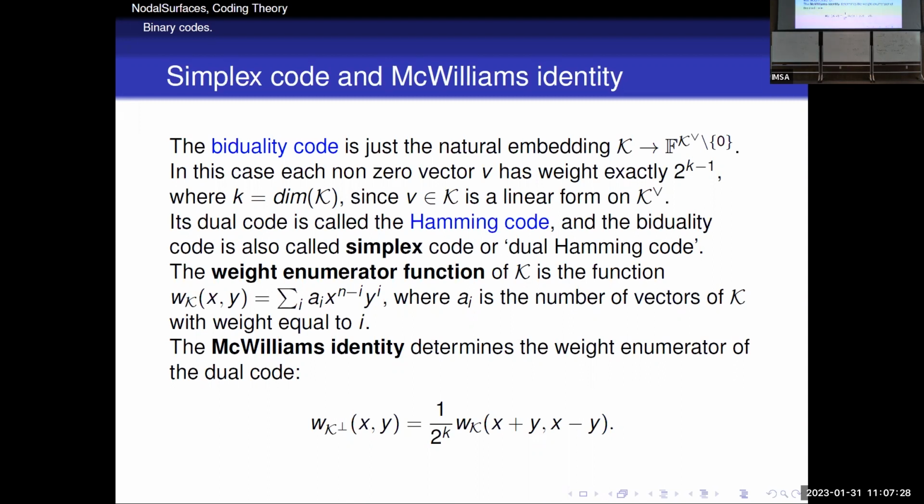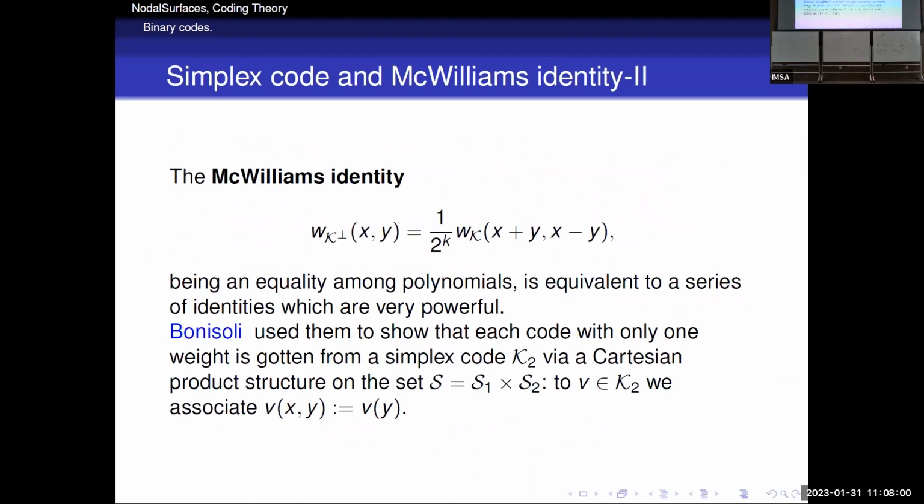And the famous MacWilliams identity relates the weight enumerator of the dual code to that of K by a simple formula. And I think that Johnny Wall was the one who gave a very simple proof of some estimate for sextics just using the MacWilliams identity.